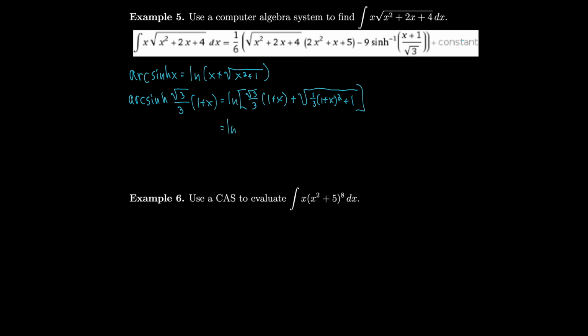which is equal to the natural log of 1 over rad 3 times 1 plus x plus the square root of 1 plus x squared plus 3, which is equal to the natural log of 1 over rad 3 plus the natural log of x plus 1 plus the square root of x squared plus 2x plus 4.